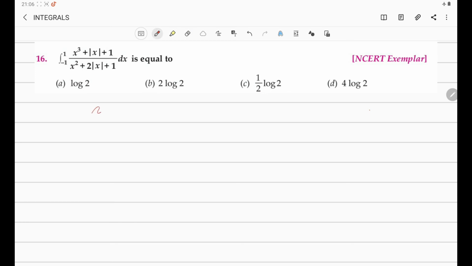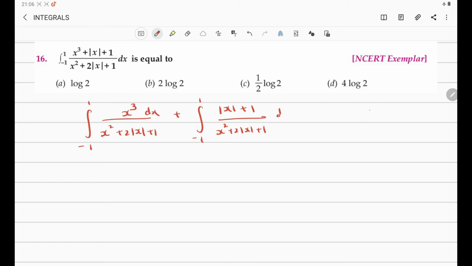So, we write this as integral minus 1 to 1 x cube by x square plus 2 mod x plus 1, plus integral minus 1 to 1 modulus of x plus 1 by x square plus 2 mod x plus 1 dx. Now, for the first function, let f of x equal x cube by x square plus 2 mod x plus 1.